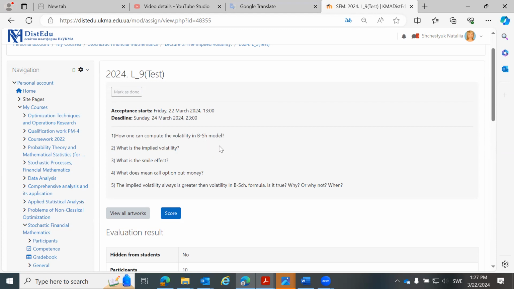Second, describe what the implied volatility is. It means that you need to write the idea of how we can obtain implied volatility.